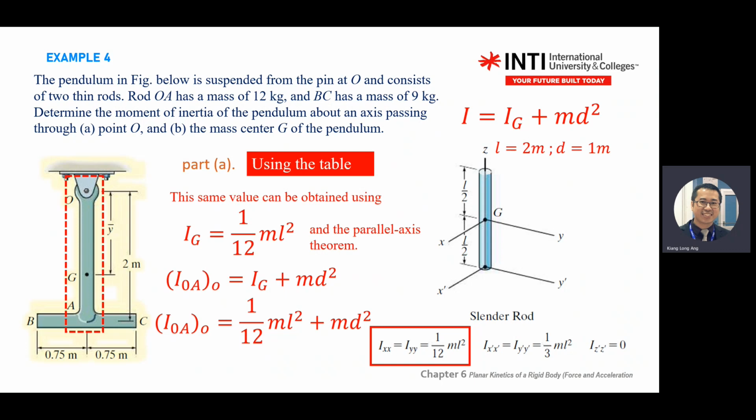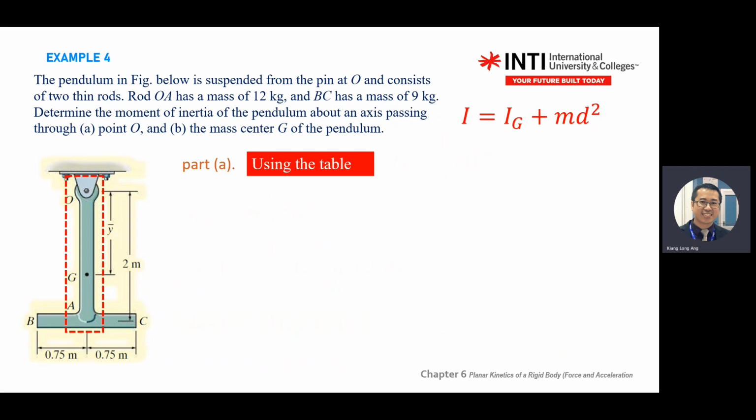Your L is 2. What is your D? D is 1, from O. Okay, you get 16, the same answer as the previous one.